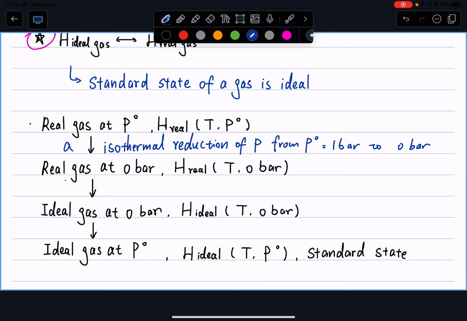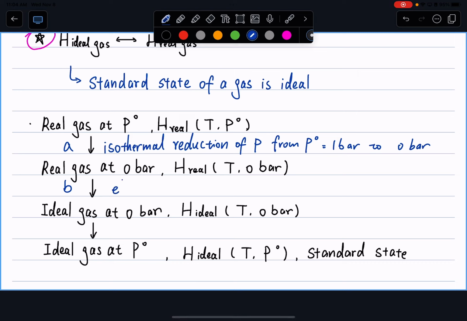Step B here, imagine you have some kind of magic wand that eliminates all the intermolecular forces in your real gas, right? The difference between your real gas and ideal gas is that ideal gas assumes your gas molecules or gas atoms do not interact with each other, while in real gases, you have intermolecular forces.